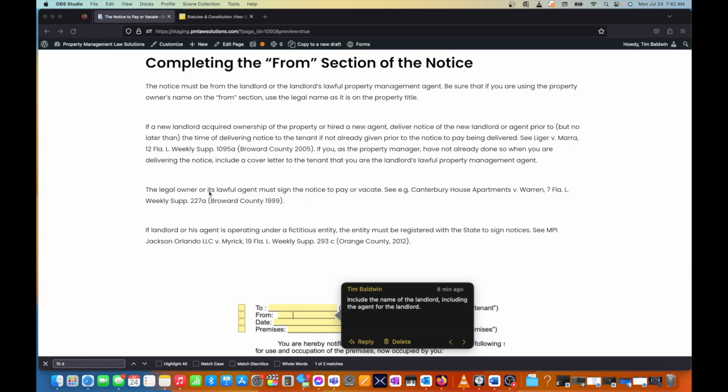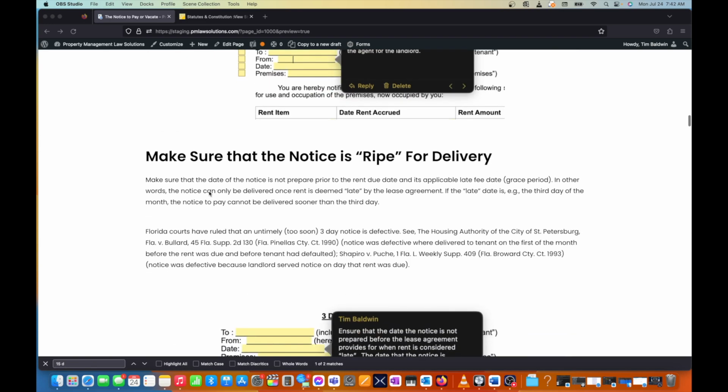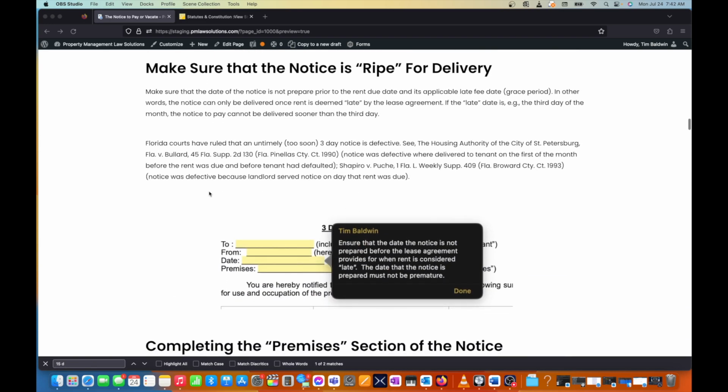But if this were a situation where a landlord is filling this out himself, they have to make sure they're putting in the legal name that's on the title as being in the from section. Having an incorrect name of the landlord can also render a notice defective. Again, we make sure that the notice is ripe for delivery. We deliver the notice after the late fee date has expired.